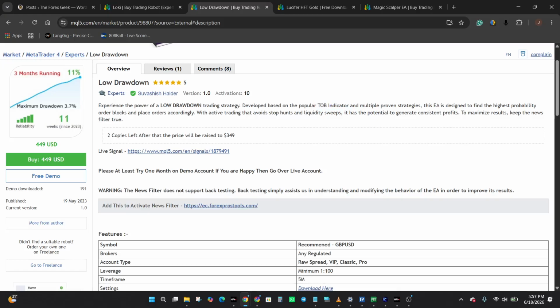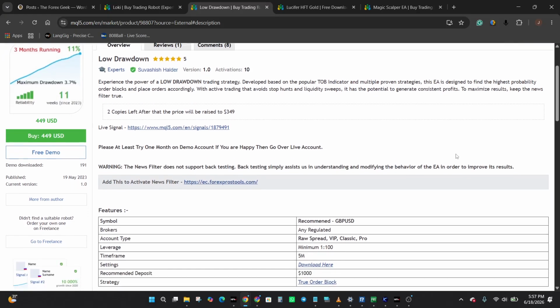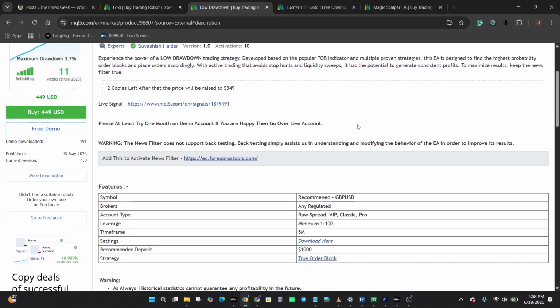According to the information provided, the system is designed to identify what the developer describes as high probability order blocks and place trades based on those opportunities. The page also mentions that the EA actively attempts to avoid stop hunts and liquidity sweeps, which is an important part of the overall approach described here.